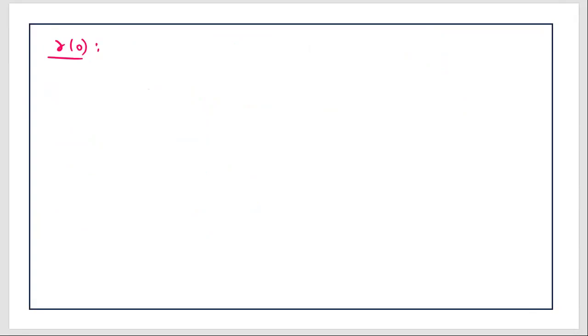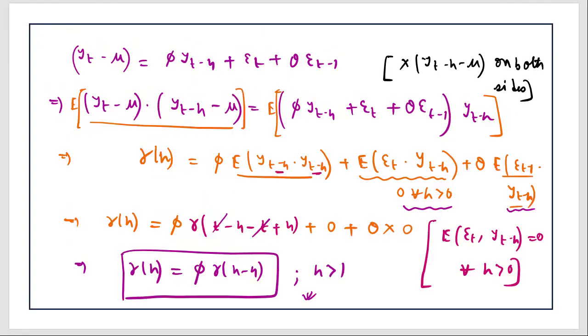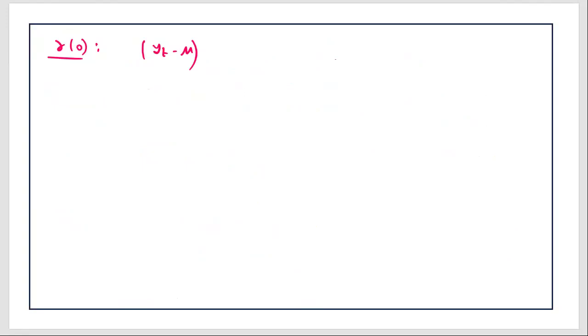So in order to find this out, what you can simply do, take yt minus mu, which is already with us. We have already found out what it is. So again, multiply it with yt minus mu. So basically, we are taking the square of this. And mu is 0. So basically, both sides we are multiplying by yt. So it will be phi yt minus 4 plus epsilon t plus theta epsilon t minus 1 into yt.